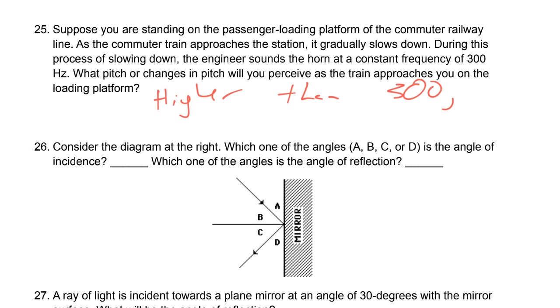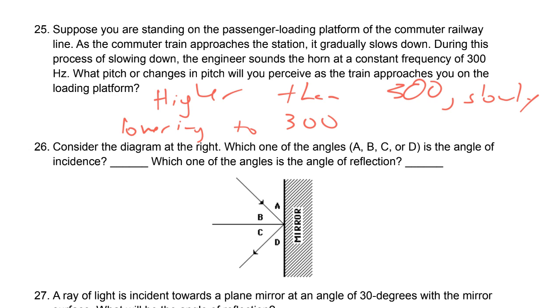And it will slowly lower to 300. So I just literally picture those sound waves getting stacked up because they're moving away from the train that's moving in the same direction. And so because they're closer together, it'll be perceived as a higher frequency.